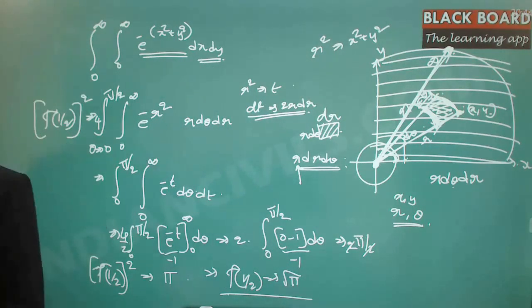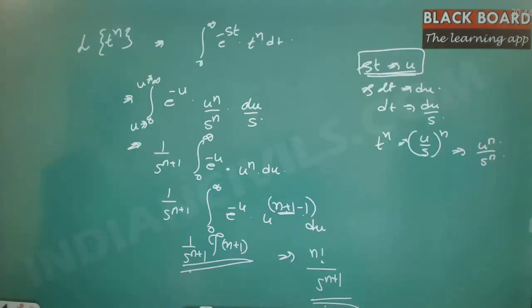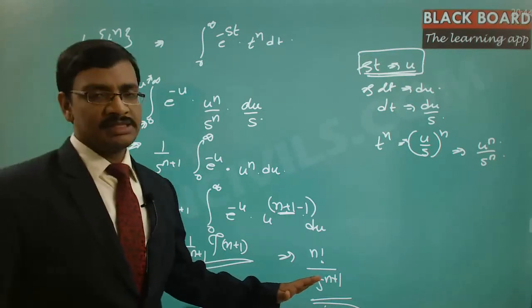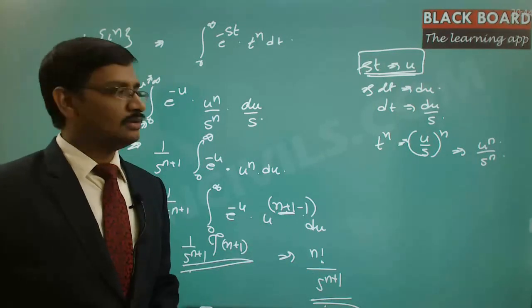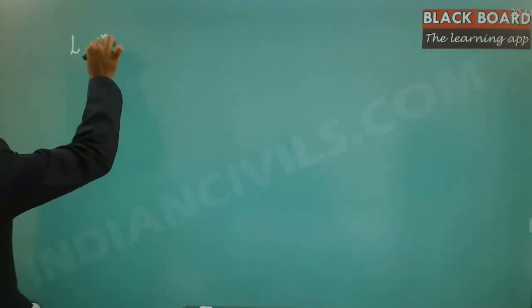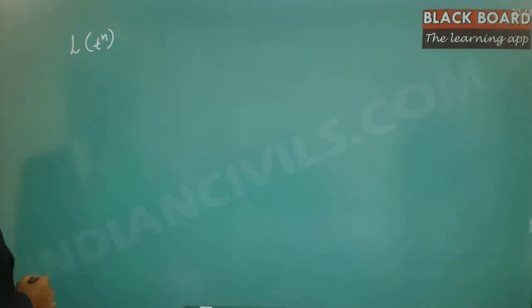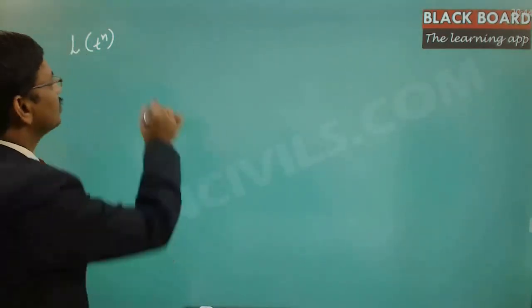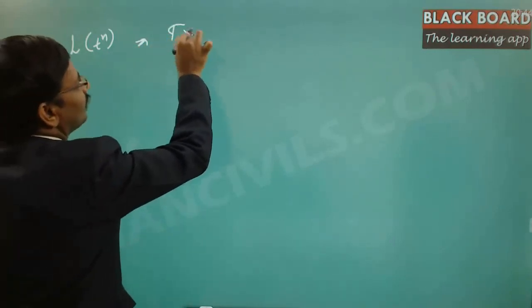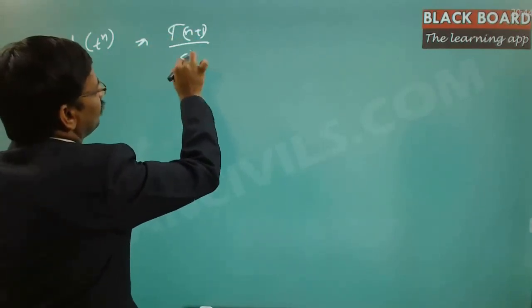Right? Okay. So this is the Laplace transform. Here, for any value, this is valid. So the Laplace transform of t power n, irrespective of whether n is an integer or a fractional value, is always equal to gamma of n plus 1 divided by s power n plus 1.